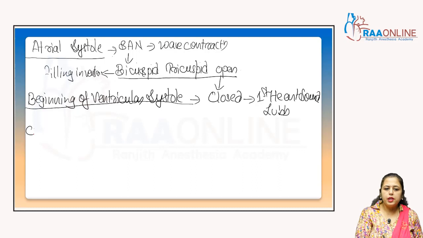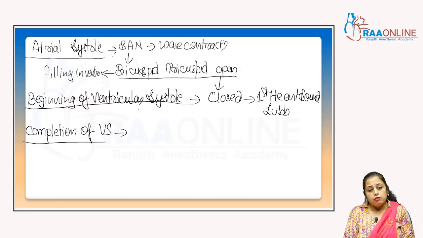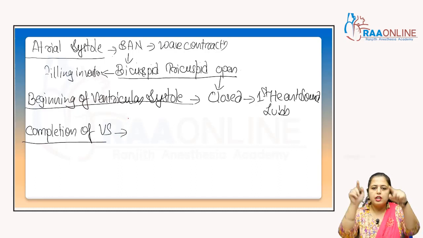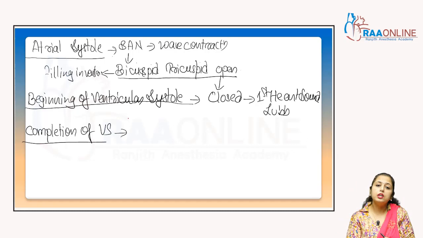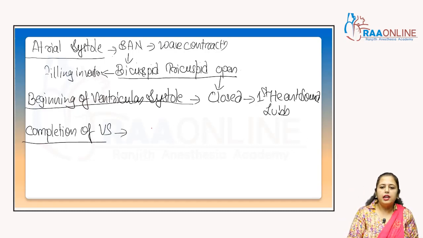Now come to the completion of the ventricular systole. What will happen in that condition? When ventricular systole occurs, that means the contraction of the ventricle, blood rushes out towards the pulmonary semilunar valve and the aortic semilunar valve, and the semilunar valves open.